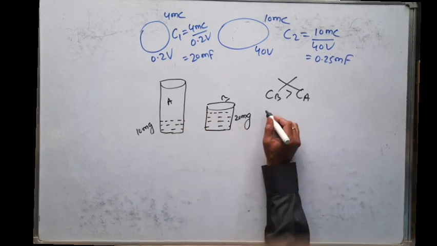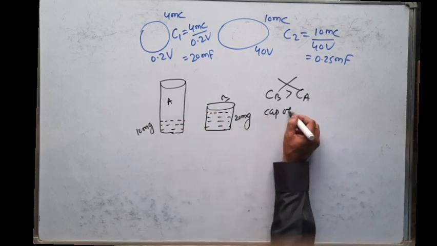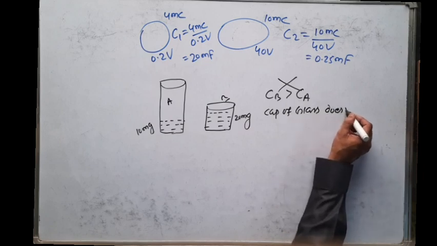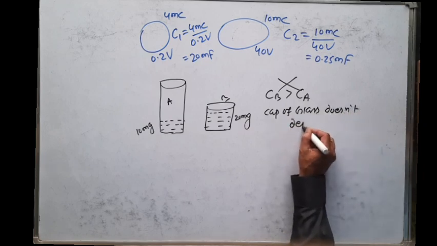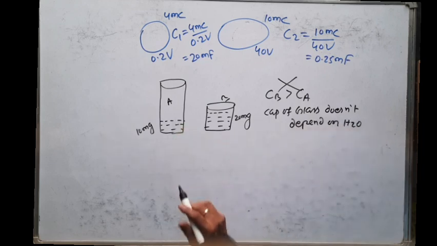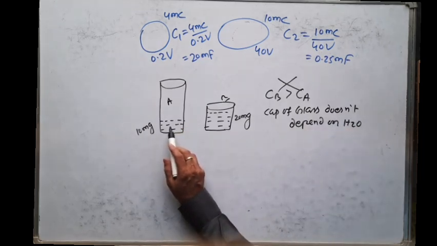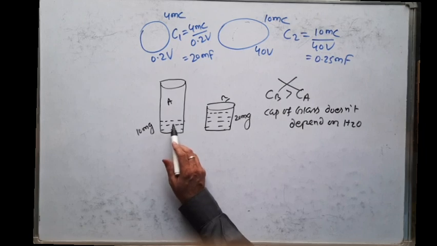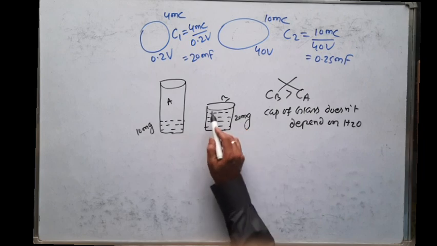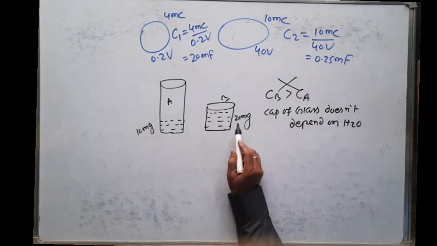So that means the capacity of a glass does not depend upon the water. Here 10 milligram of water is there, but that does not mean its capacity is less compared to this, where 20 milligram of water is there.